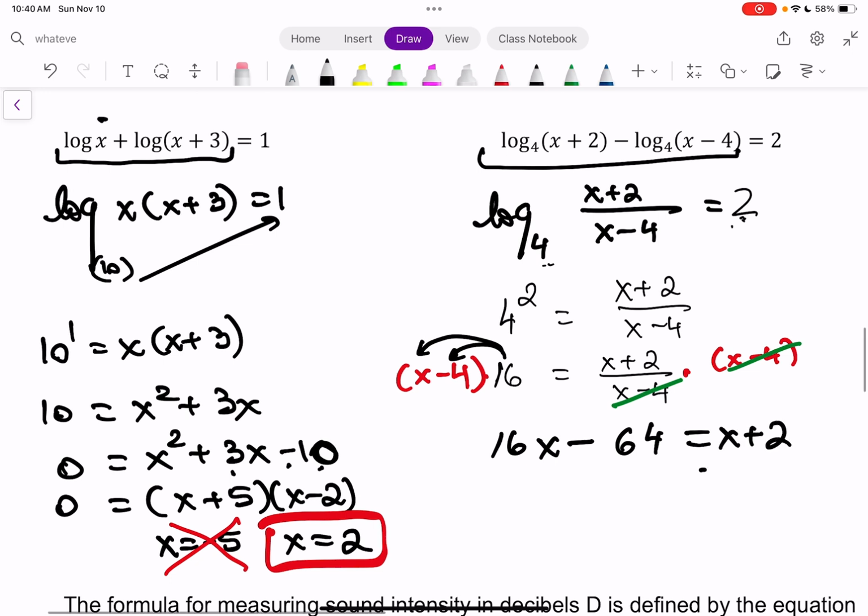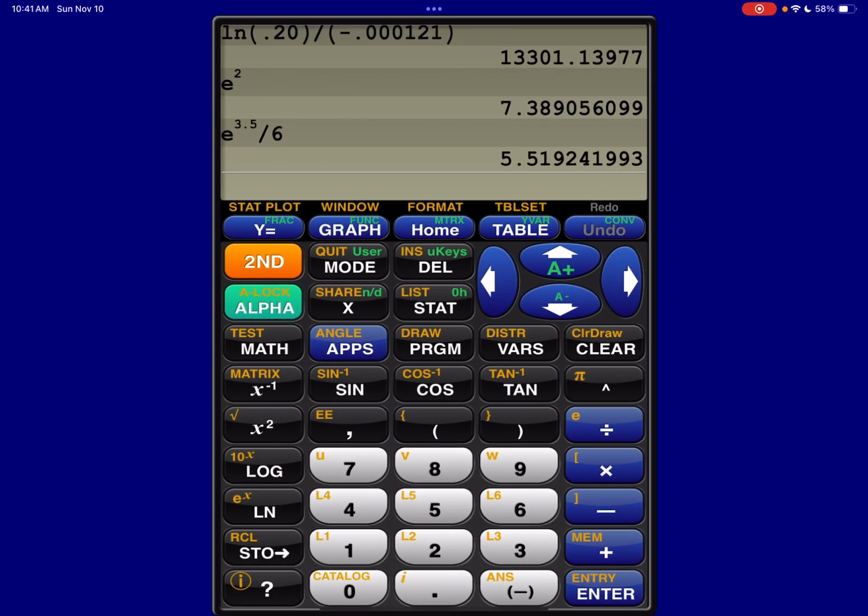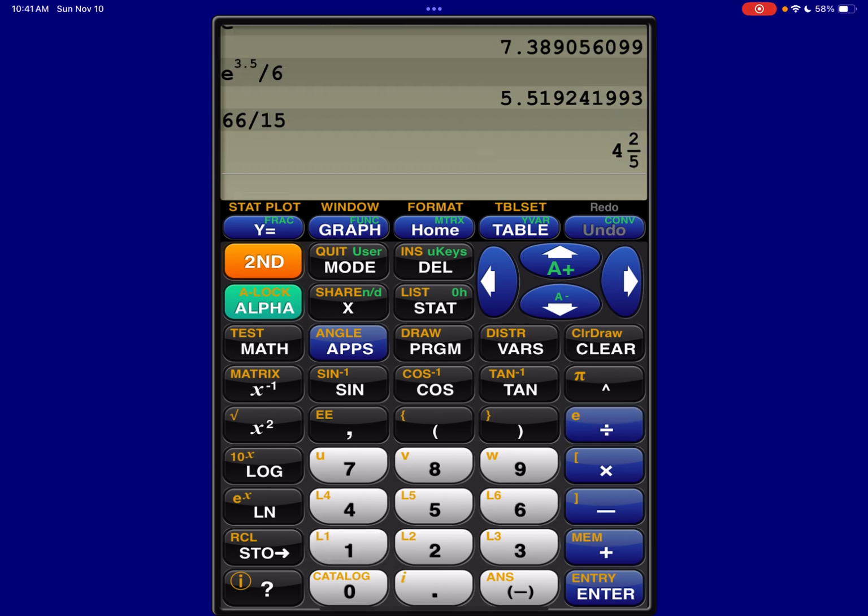All right, so let's get the x's to one side, the constants to the other, and now divide both sides by 15. So here, what's 66 divided by 15? 4 2/5.